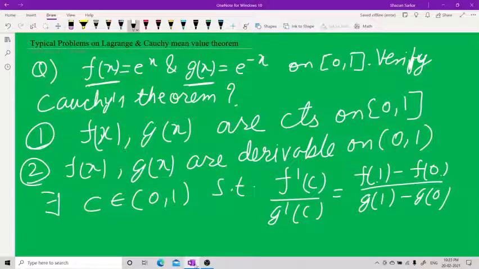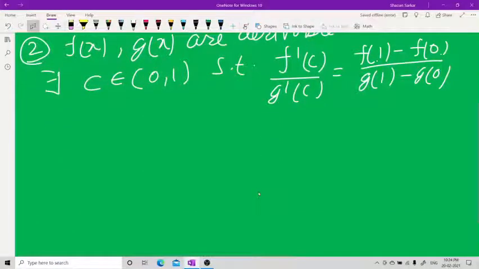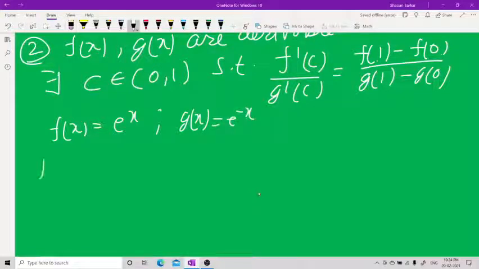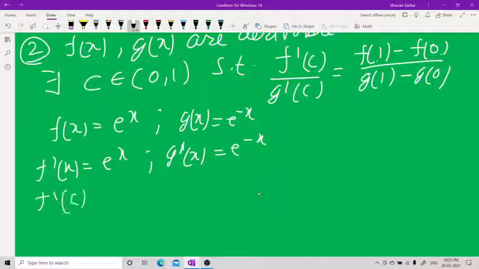Now, what is f(x)? f(x) is e to the power of x. What is g(x)? g(x) is e to the power of minus x. f'(x) is e to the power of x, g'(x) is e to the power of minus x. f'(c) is e to the power of c, g'(c) is e to the power of minus c.